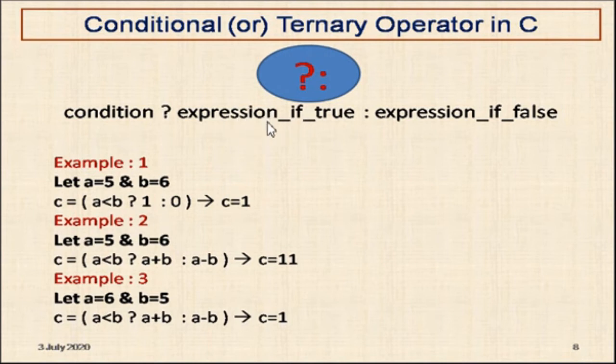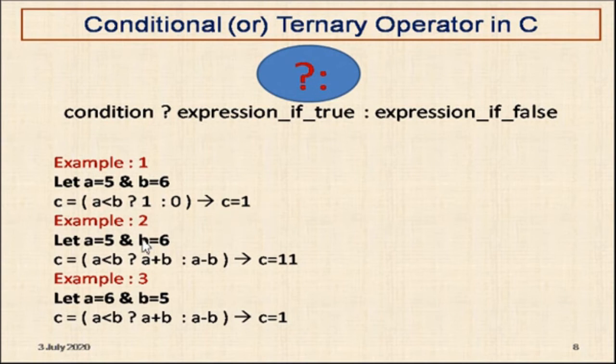Here it may be a single value or it may be an expression. Here in this example 1 is given. So since the condition is satisfied, that is 5 less than 6, this 1 will be assigned to the variable c. That's what we have seen here.